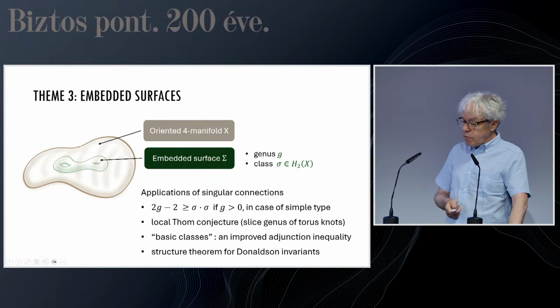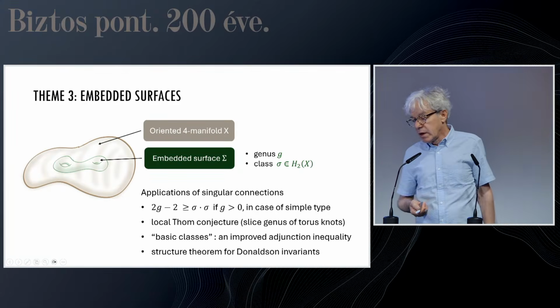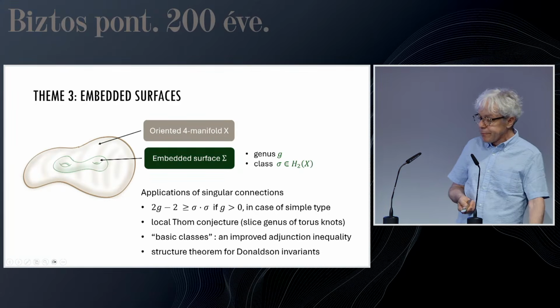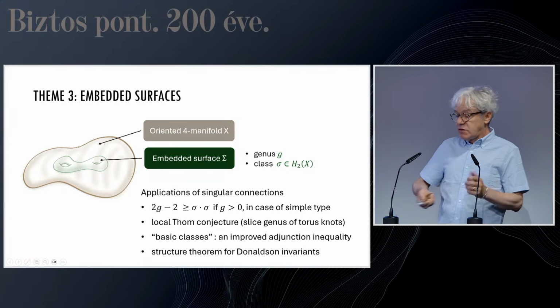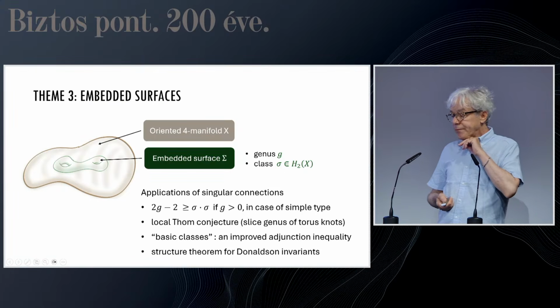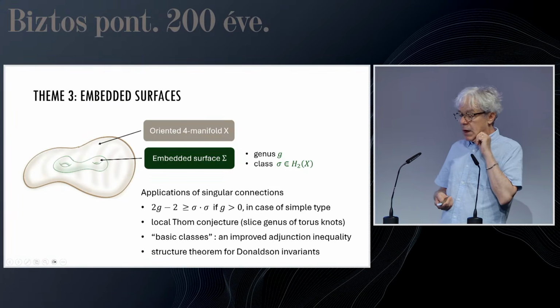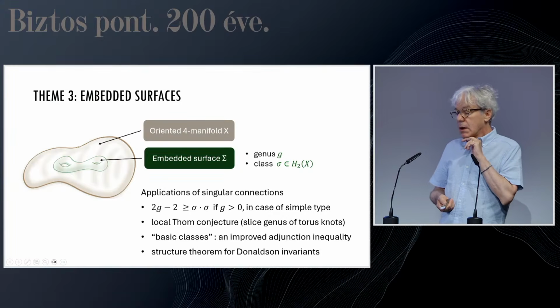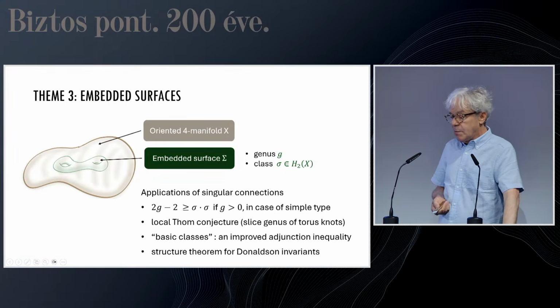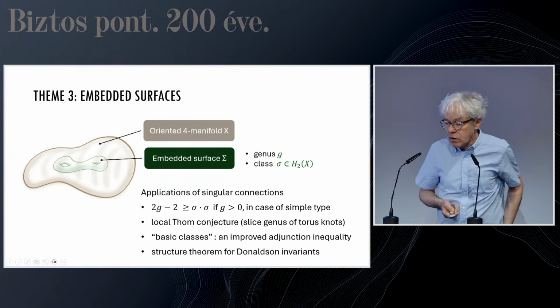That's strong enough to prove what's called the local Thom conjecture. It tells us the slice genus of torus knots and the unknotting number of torus knots. And it led to this structure theorem, which I referred to earlier. It threw out some classes, the basic classes, which you should think of as counterparts to the canonical class of a complex surface.